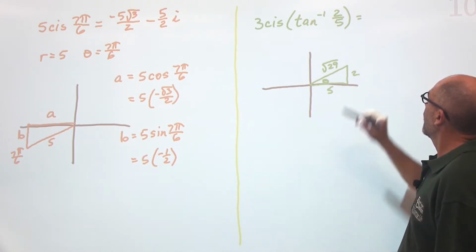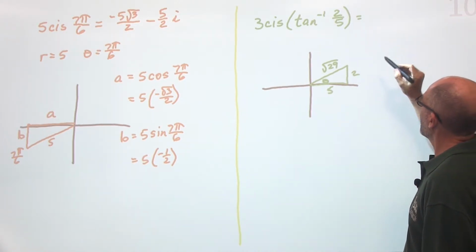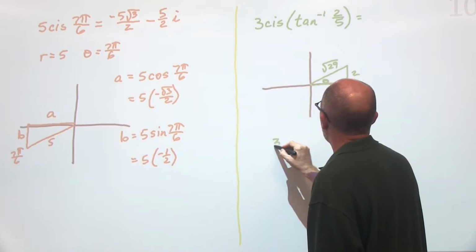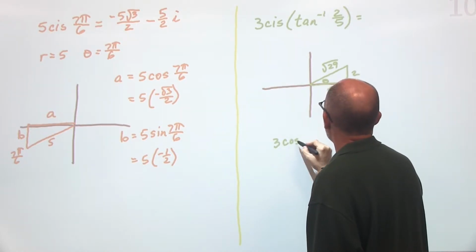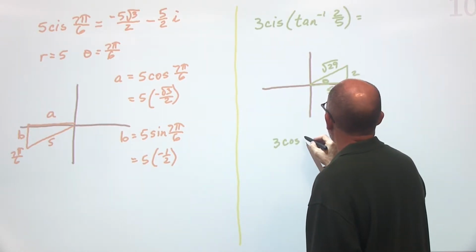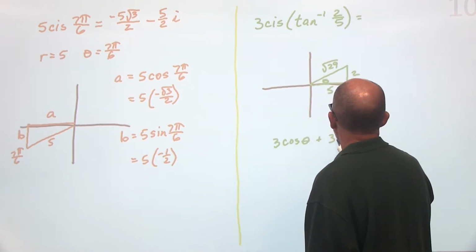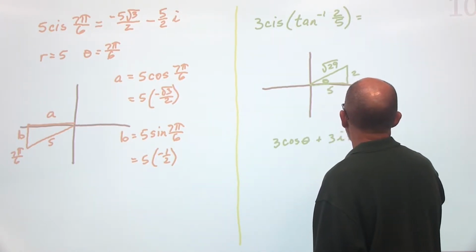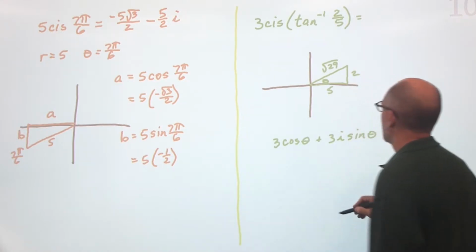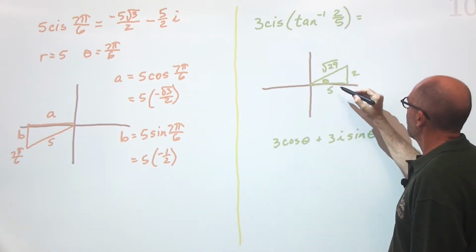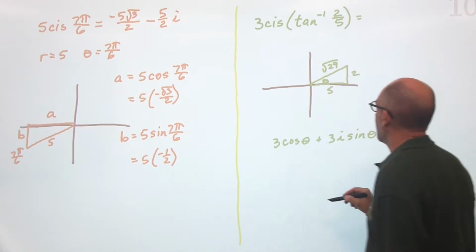Now, this is going to be 3 cosine theta plus 3I sine theta. Well, what's cosine theta? 5 over square root of 29.